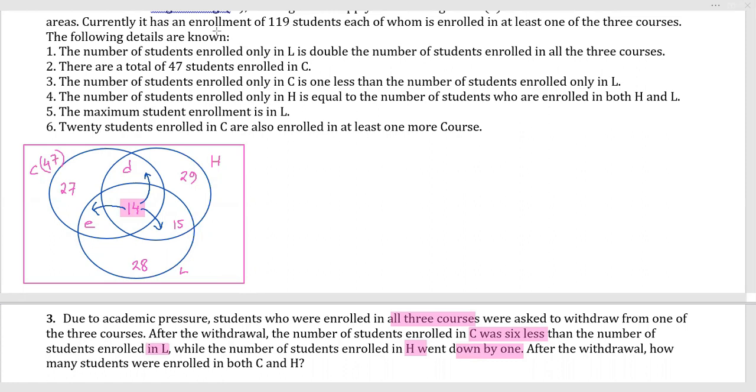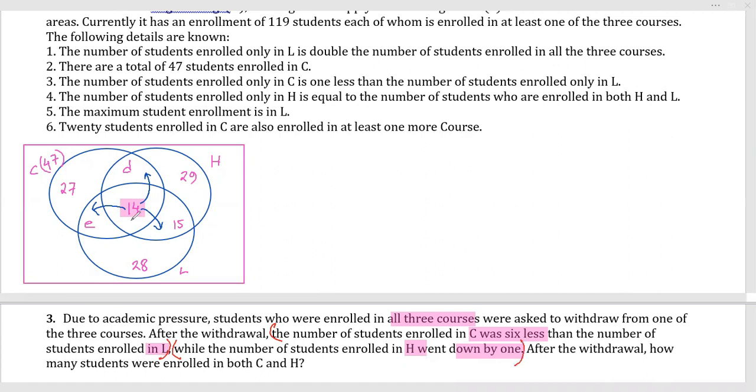Now we can do something. We can assume some of the values for solving it. Let me take out the concept: as it has said, after the withdrawal there are two things mentioned. One is C is 6 less than the number enrolled in L, another is H went down by 1.